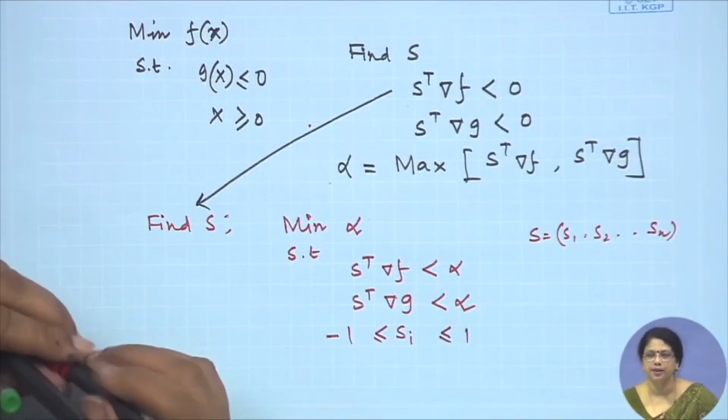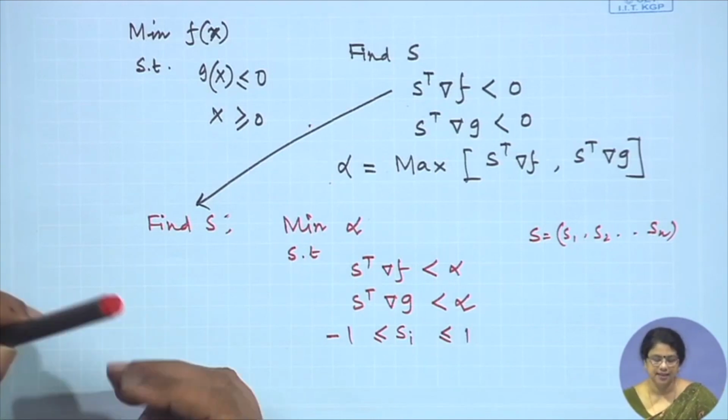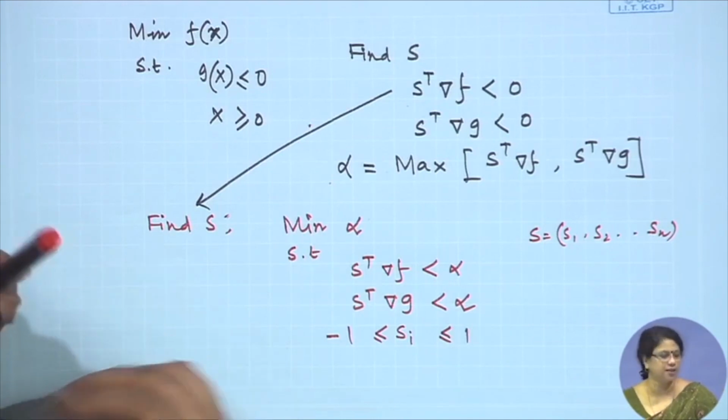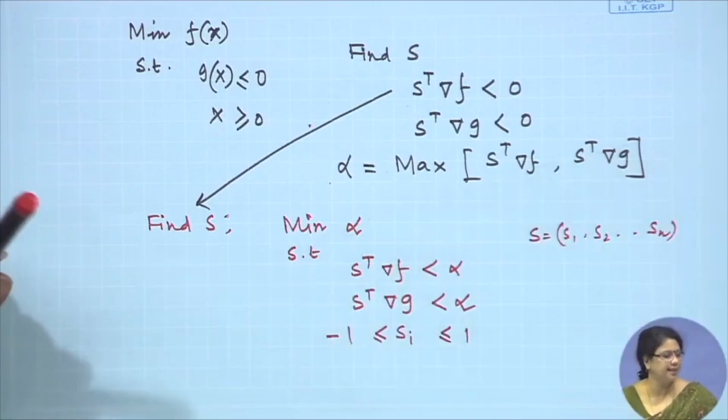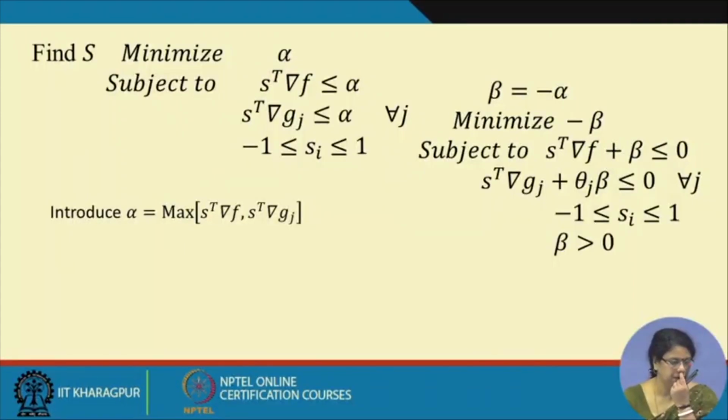Okay. That is the given condition for us. That is why we can redefine the problem this way: minimize alpha subject to Si between -1 and 1.